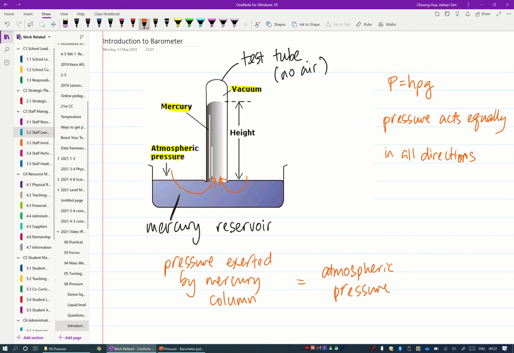So I say again, the pressure exerted by the mercury column has now become equal to the atmospheric pressure.